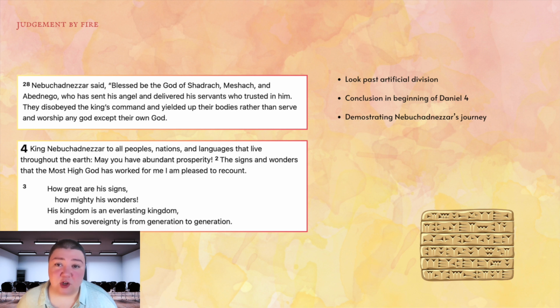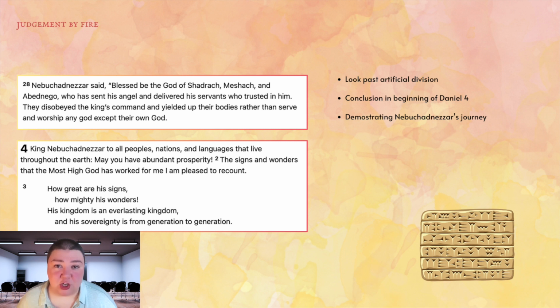"King Nebuchadnezzar, to all peoples, nations, and languages that live throughout the earth, may you have abundant prosperity. The signs and wonders that the Most High God has worked for me, I am pleased to recount. How great are his signs, how mighty his wonders. His kingdom is an everlasting kingdom, and his sovereignty is from generation to generation."